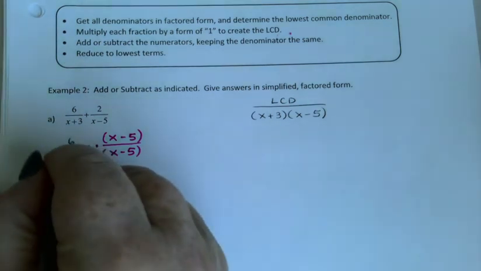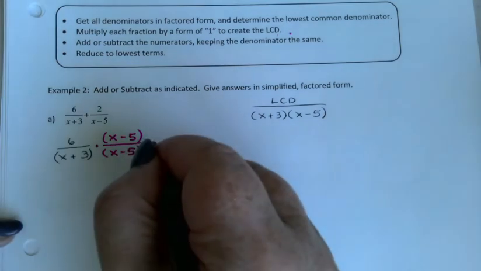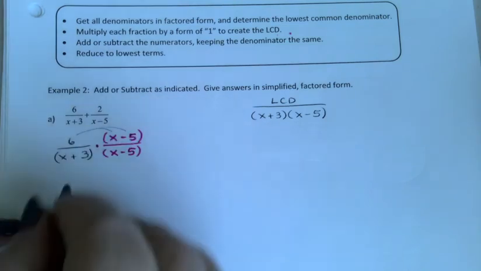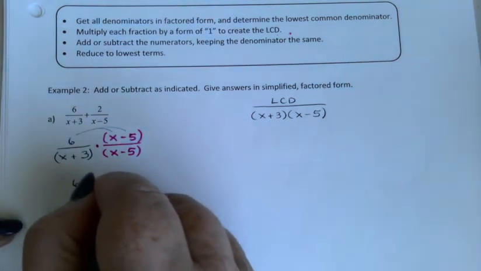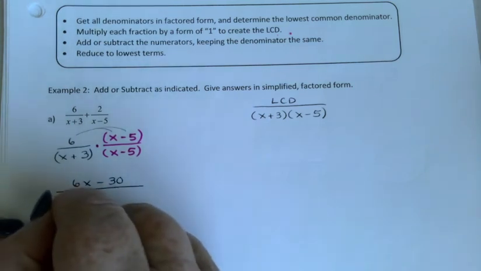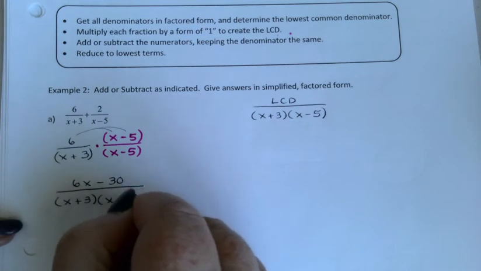I kind of like to throw my parentheses in here at this stage as well. Otherwise I might forget them later. All right, so this time, let me go ahead and multiply that out. That would be 6x minus 30 over x plus 3 times x minus 5.